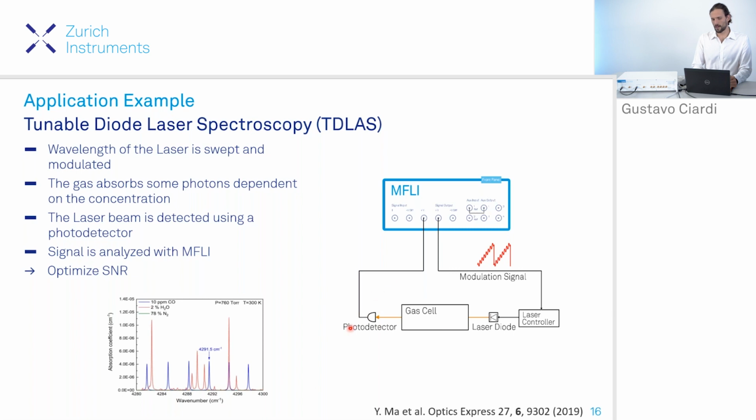Here, of course, after the signal is picked up by the photodetector, we need a lock-in amplifier that demodulates the signal at the same frequency. And here you can see an example where all the setup was provided by our lock-in amplifier, both the exciting signal to the laser and also the analysis of the signal with the lock-in amplification.